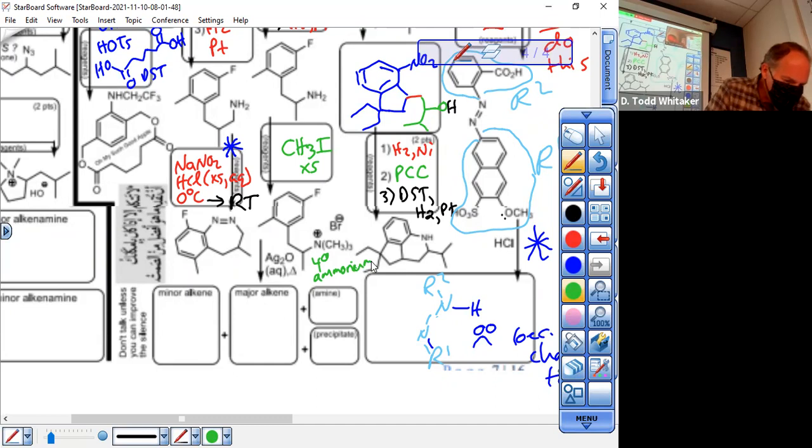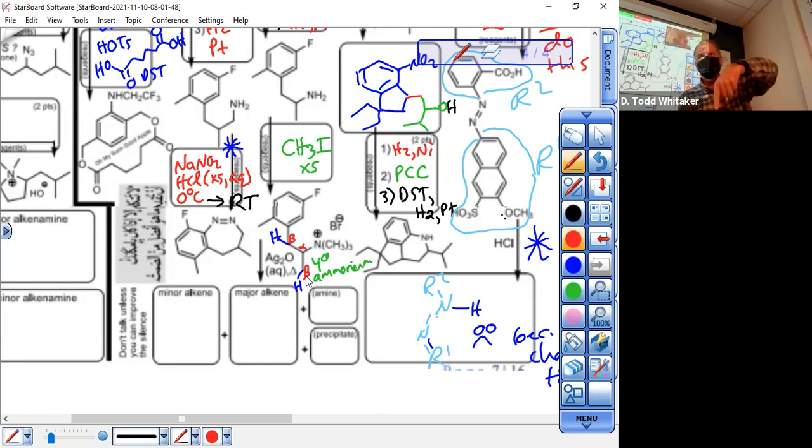All right, major alkene, minor. So you've got to realize these are the relevant H's. These are the only two relevant H's. They're beta. Alphas are with the leaving group. Betas are one away. Which one of those beta H's is easier to get to because there's less stuff around?